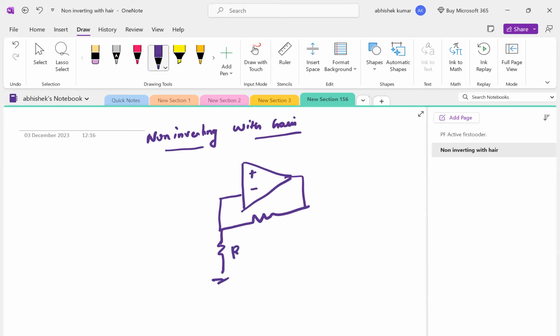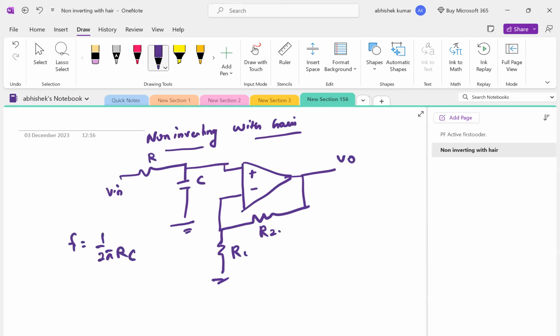So this is R1, this is R2, and this is your R and C. This is your input, and here you are taking the output. Frequency is again 1 by 2 pi RC, and gain is 1 plus R2 by R1. Any doubt?